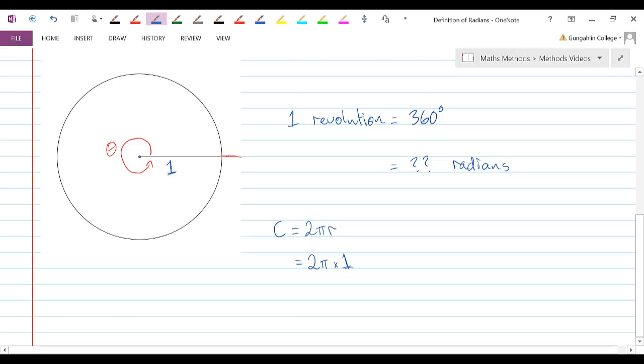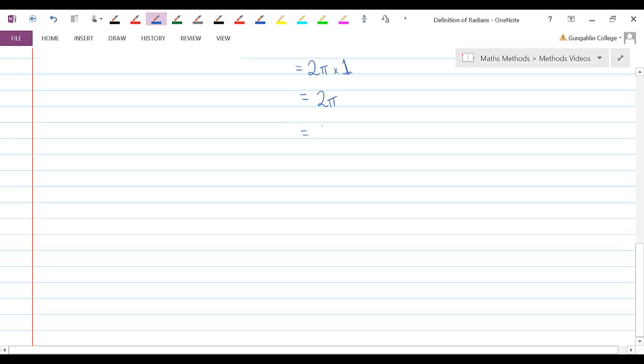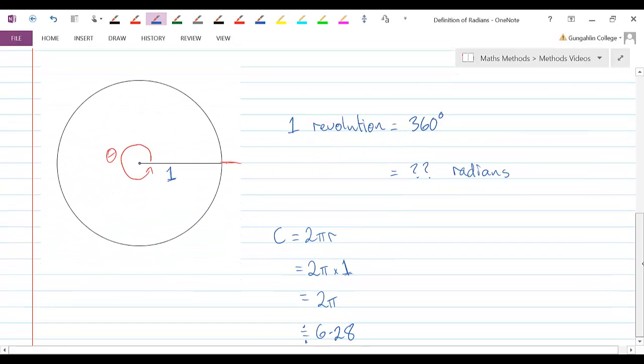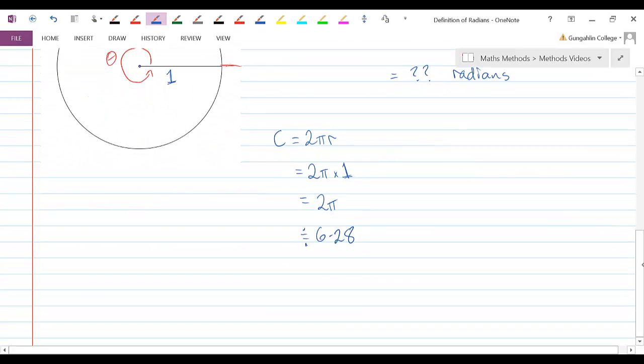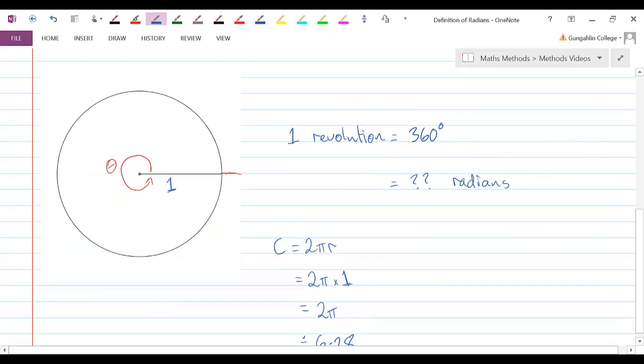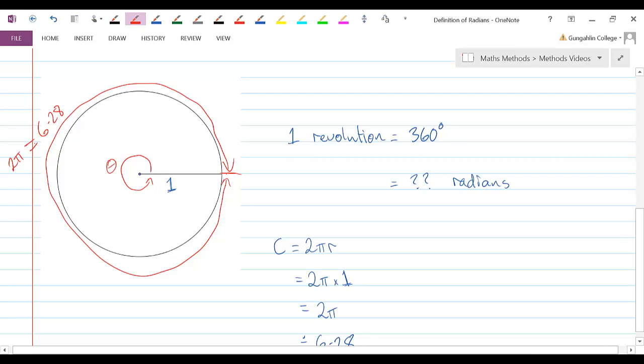So it's 2 pi times 1, or just 2 pi. I could put that in as approximately equal to 6.28. That's going to be the distance around the edge of the circle. So the distance all the way around there is about 6.28, or 2 pi.